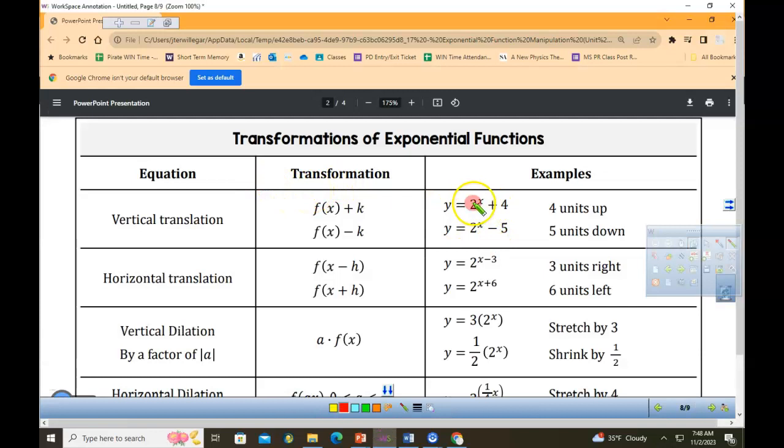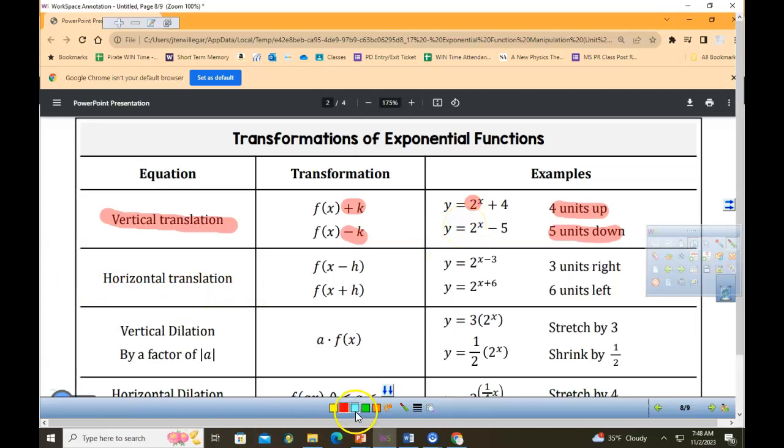If we are looking at the base function to the x, a vertical shift or translation, and we did this last unit too, but we're going to do it again because it's important stuff. If I add or subtract, I'm going to move it up or down, and that's outside the parentheses, right? Outside the function.